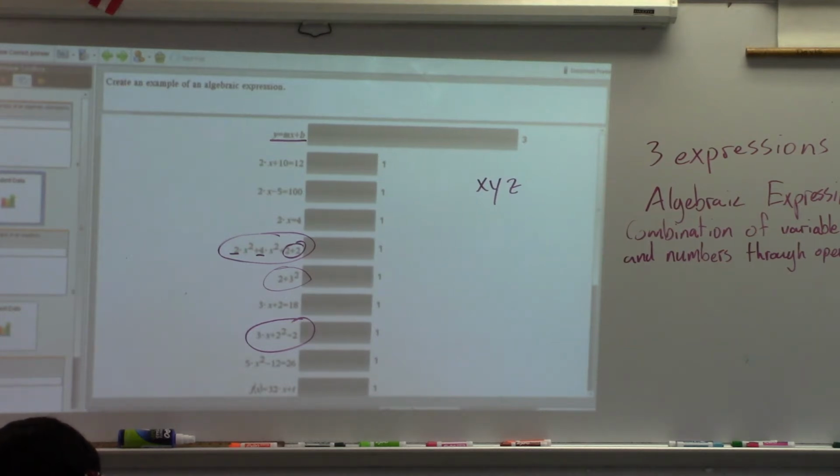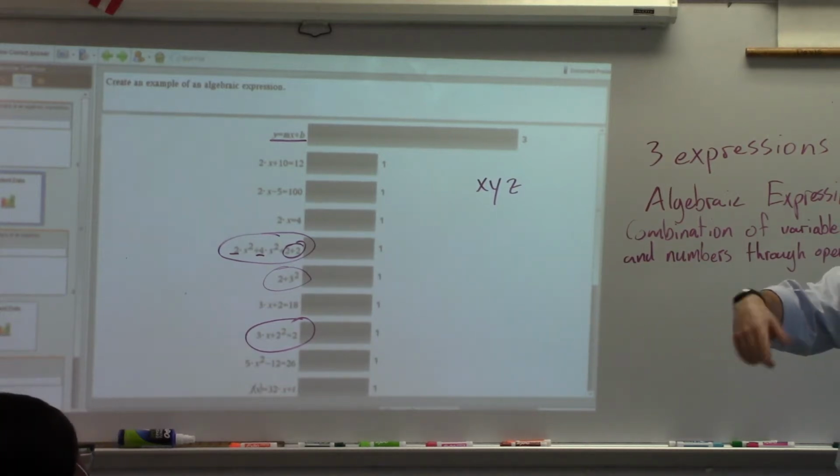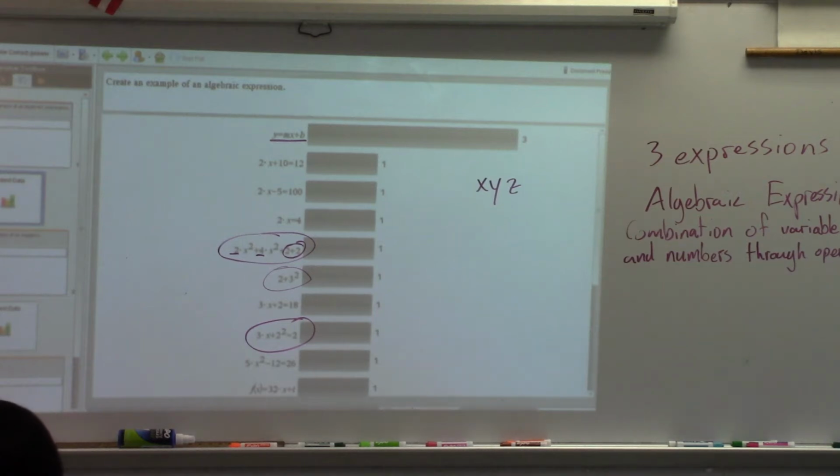What's a concept that expressions connect to? Something that you all tried to do for an expression when it's not an expression. Equation? One of you all said something. So equal sign, right? So equations, right?